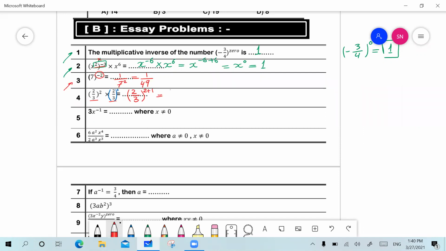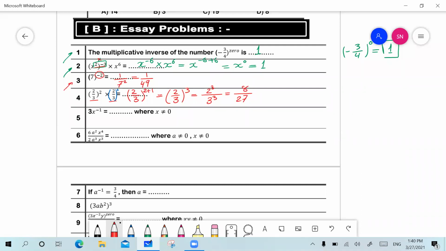We're going to distribute the power, so 2 to the power of 3 over 3 to the power of 3. So it's equal to 8 over 27. Okay, thank you so much, dear.